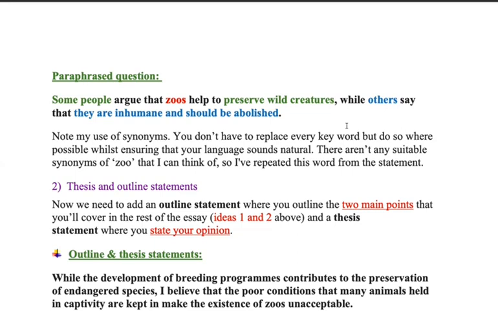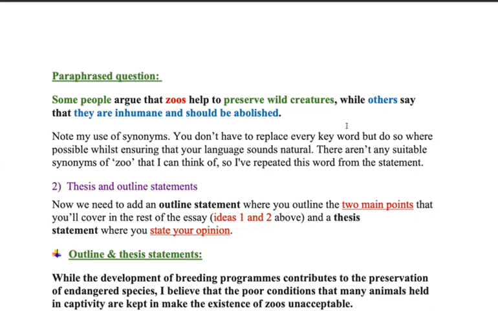The zoo. So now here, the writer paraphrased the question, number 1, and number 2, he has changed some words with synonyms. So note here, on the use of synonyms, you don't have to replace every keyword, but do so where possible, whilst ensuring that your language sounds natural.